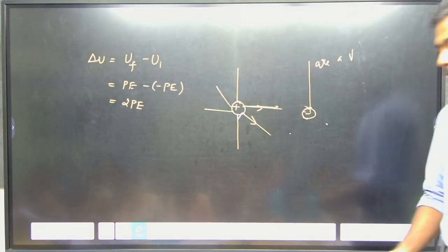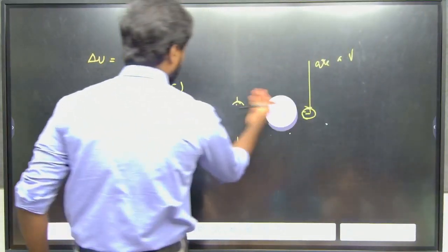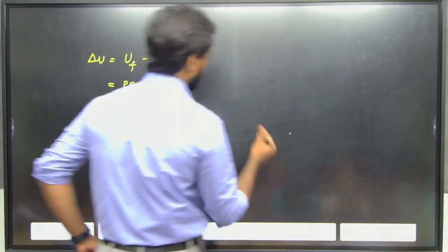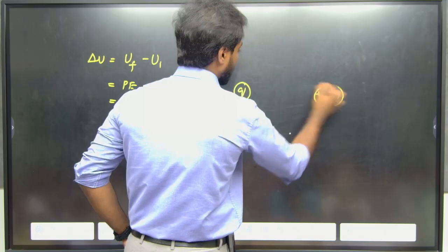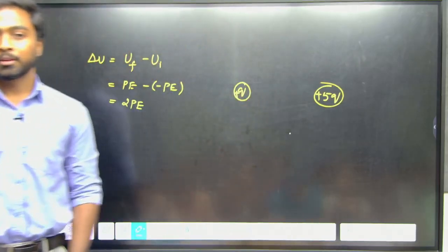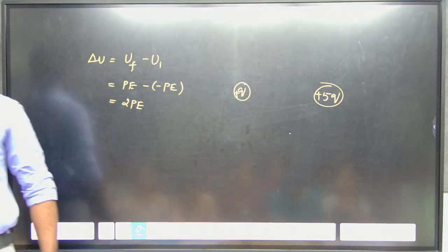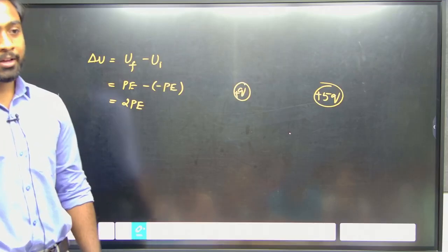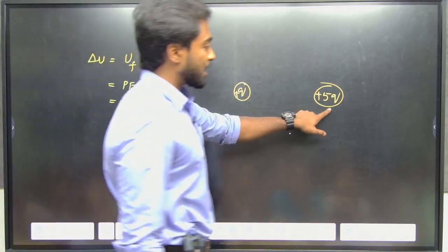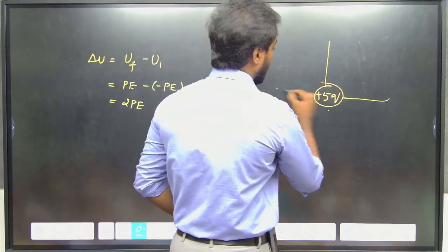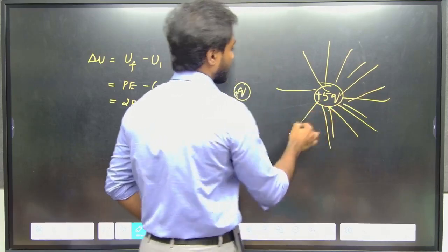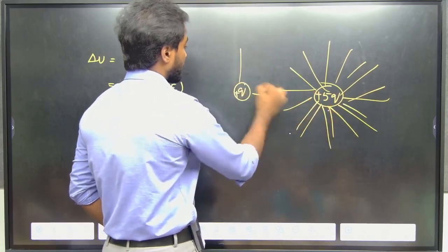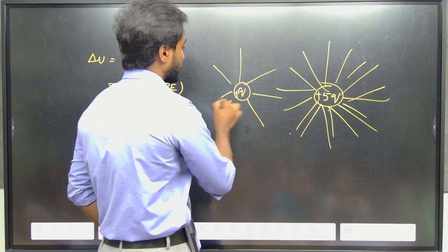This point is telling that if I talk about a charge plus q and a charge plus five q, which is more? Plus five q is more. So this charge will produce more electric field lines than the q charge.